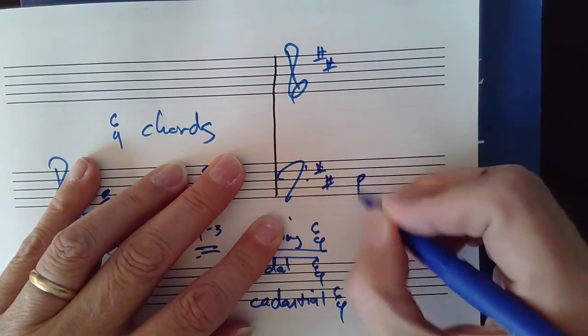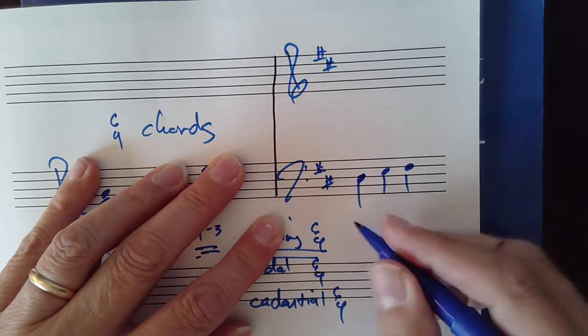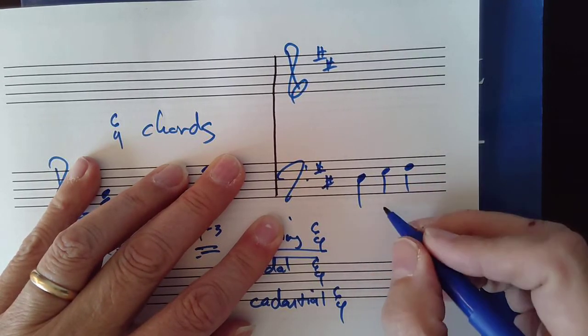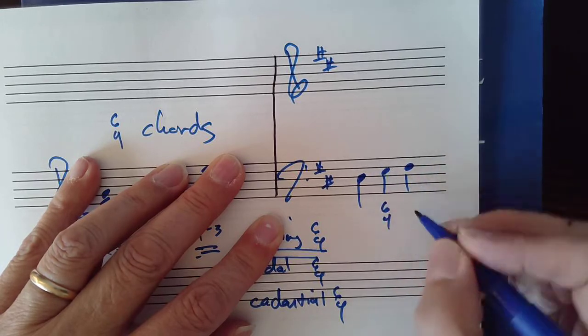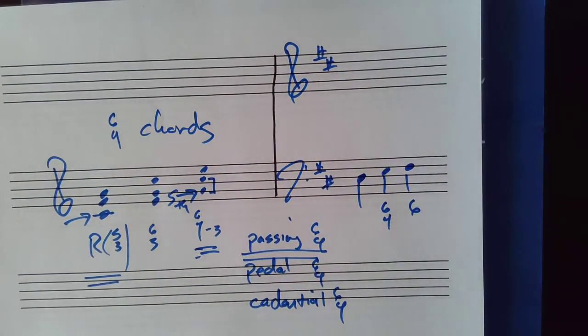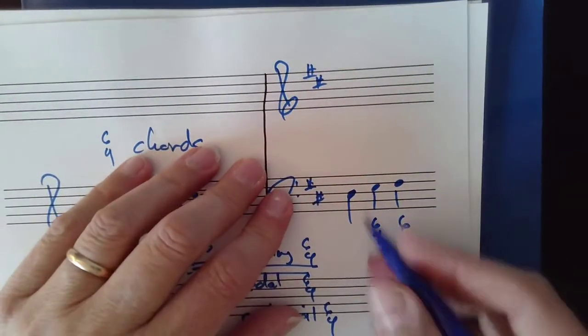And I would like you to do D, E, F in the bass. So that's first, second, third scale degree, root position, second inversion, first inversion. Okay, I'd like you to take a moment, stop the video, try writing this, and then come back and I will do this for you now.